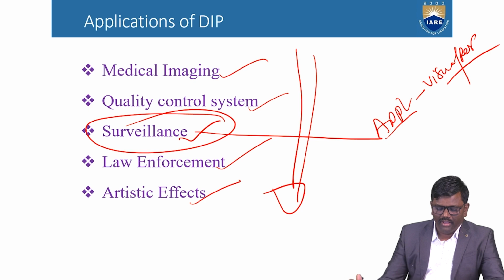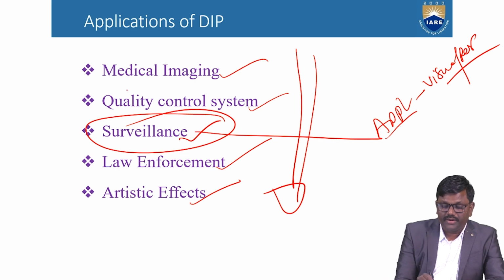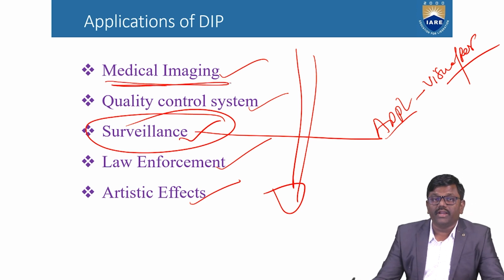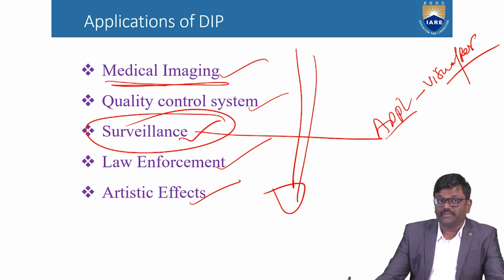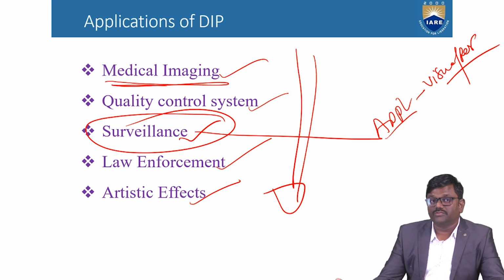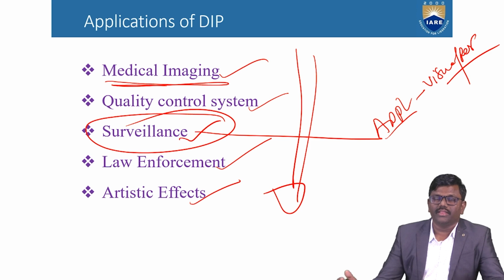So like that, for example, you can see the medical imaging system. Nowadays, robotics are designed. Robots are doing operations, even on cancer tissues. It is removed by the robot only. So for that, the robot AI, that robot computer vision process, obviously depends upon the visual perception of image processing.